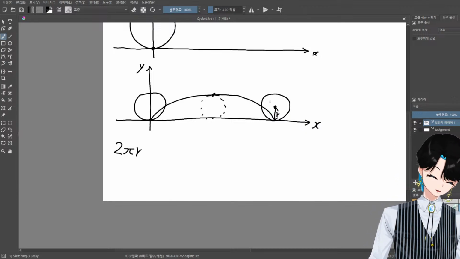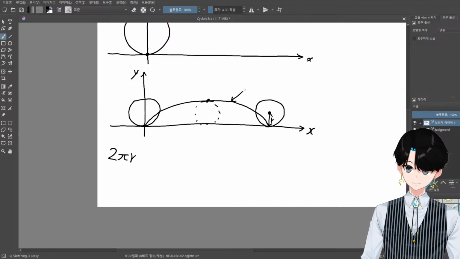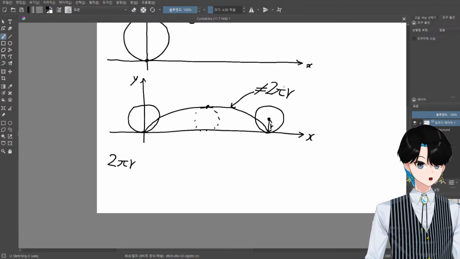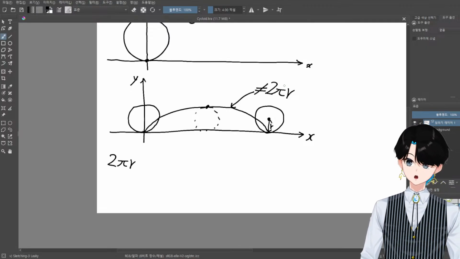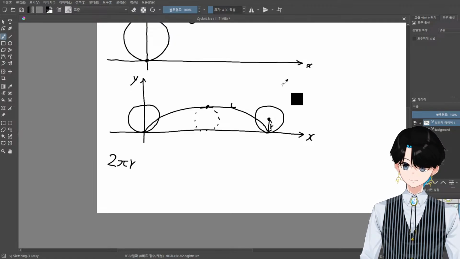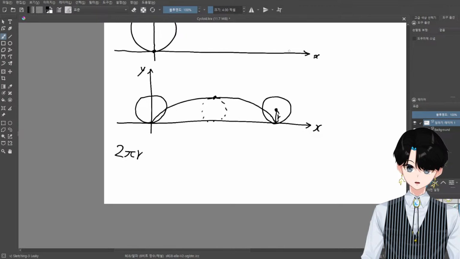But I don't think the total length of the cycloid is just 2 pi r, because I think I've seen it on Google, and Google didn't say it was 2 pi r.